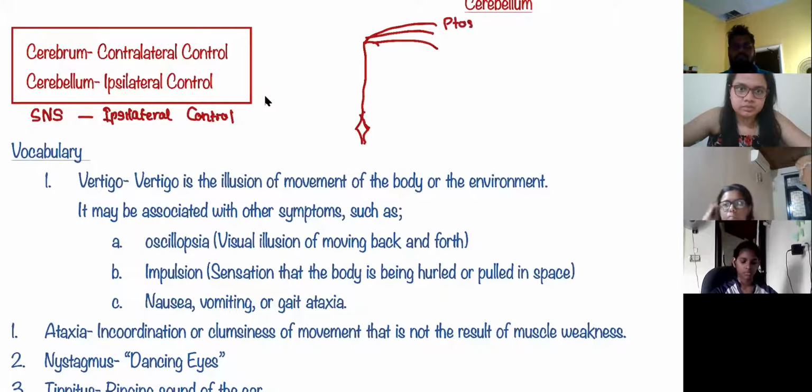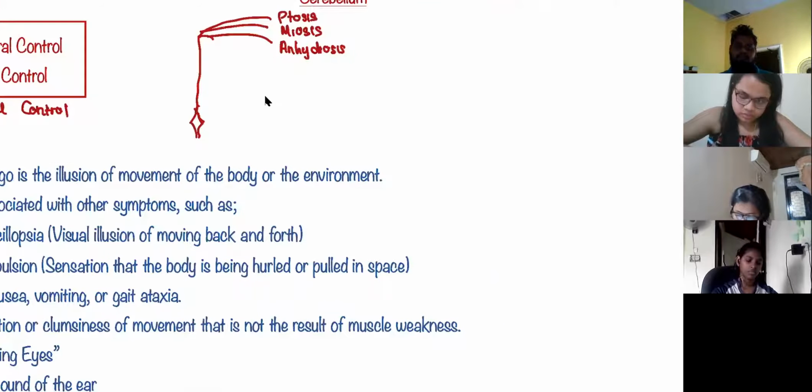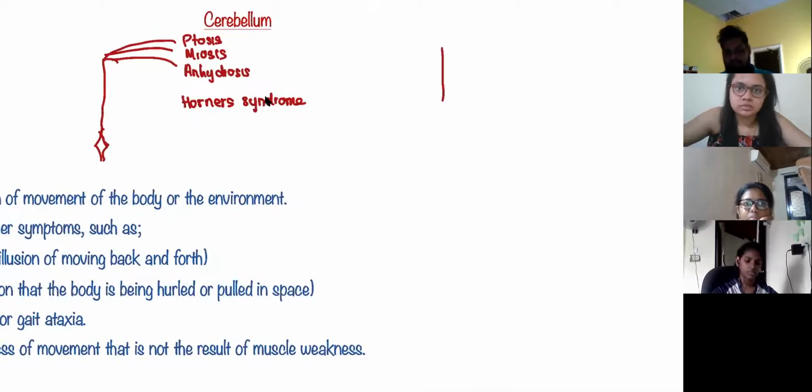It can lead to ptosis, miosis, and anhidrosis. If you remember this, it's called Horner's syndrome. It is ipsilateral: the same side of the damage will show the symptoms.